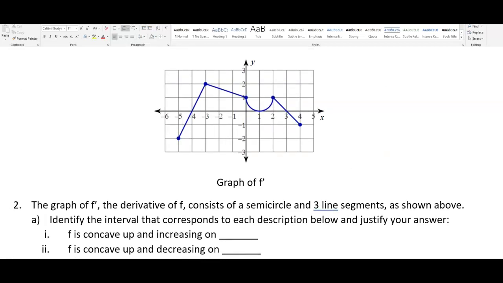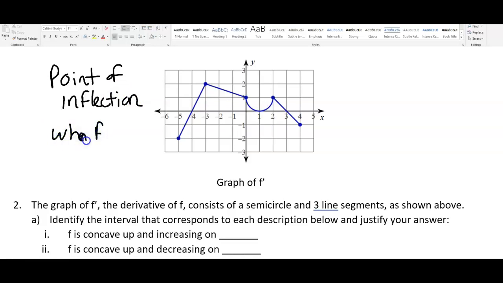There is a point of inflection. I've been writing POI a whole lot. I would not do that on your AP exam. We have a point of inflection when f double prime changes signs.